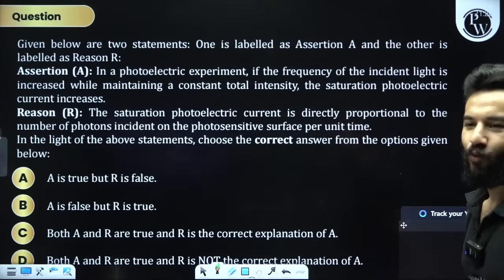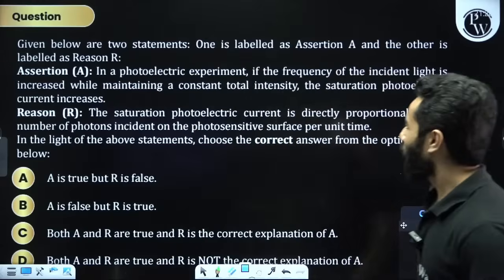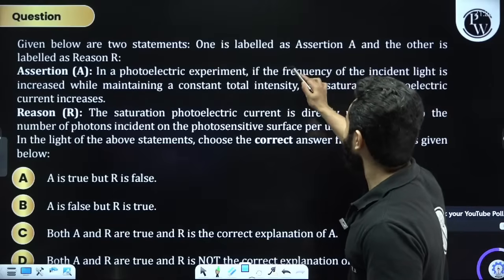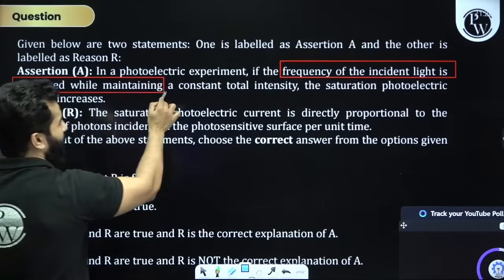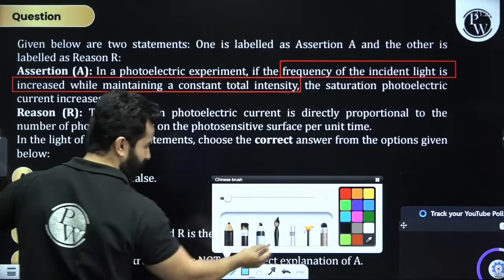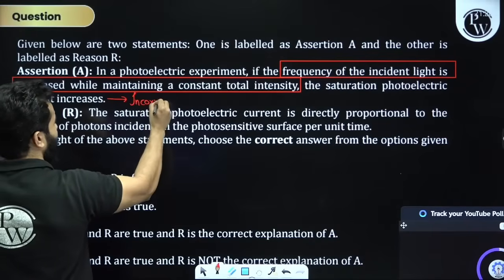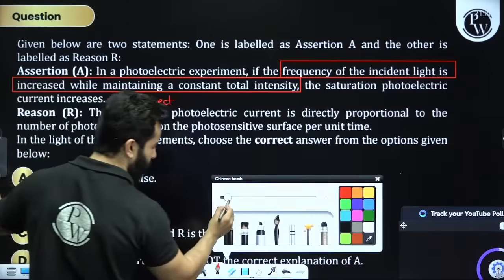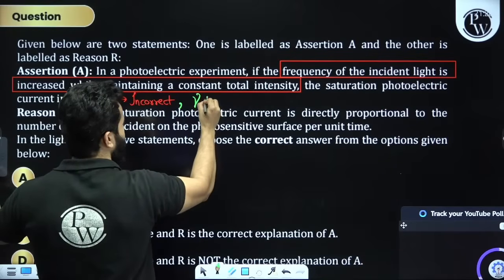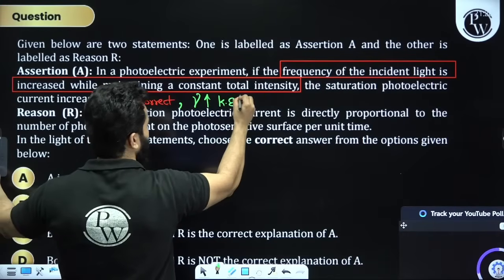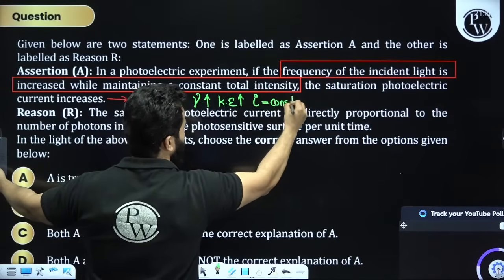This is easy. Why? Because the assertion is false. If the frequency is increased, the kinetic energy will increase, so the assertion is absolutely incorrect. The correct thing to say is that increasing the frequency will increase the kinetic energy, but the current will remain constant because the intensity is constant.